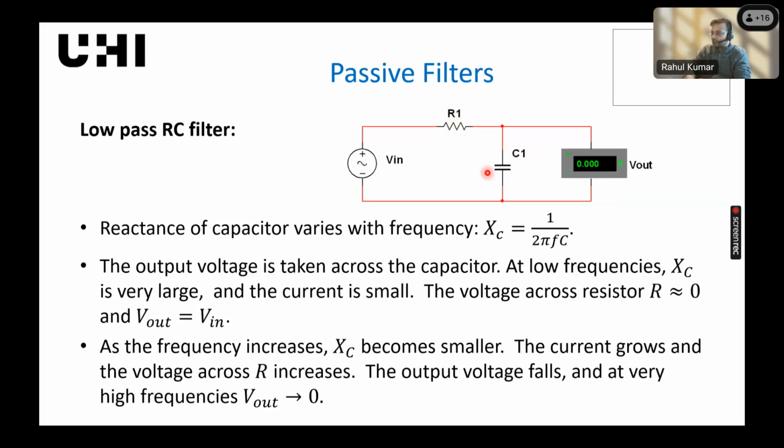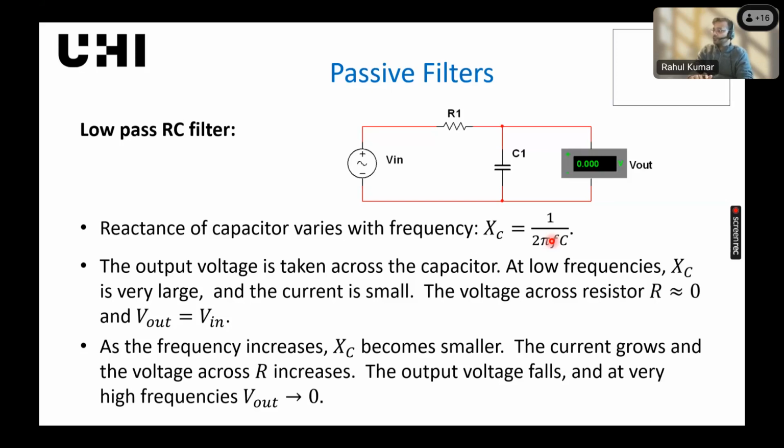But the capacitor will be affected by the frequency. So it changes the reactance of the circuit. Your capacitive reactance will change, but your resistance will not change.